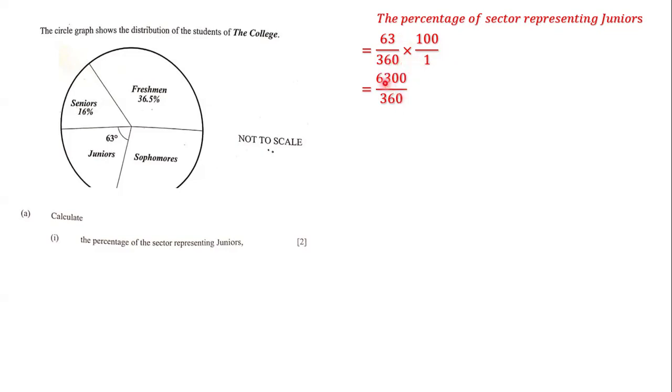Furthermore, we have 6,300 divided by 360, and when we divide these two, we get 17.5. So the answer is 17.5%. The percentage of the sector representing juniors is 17.5%.